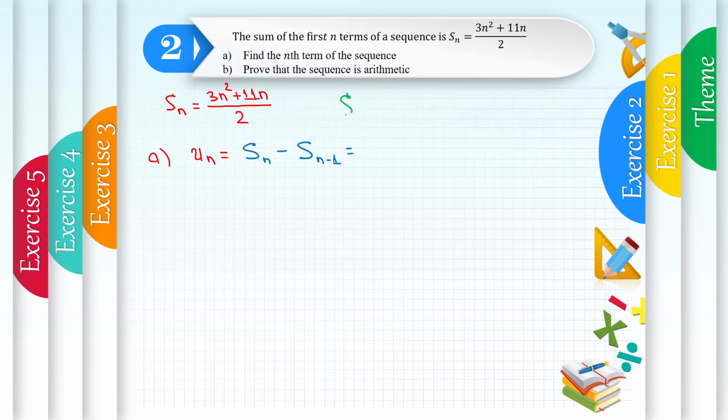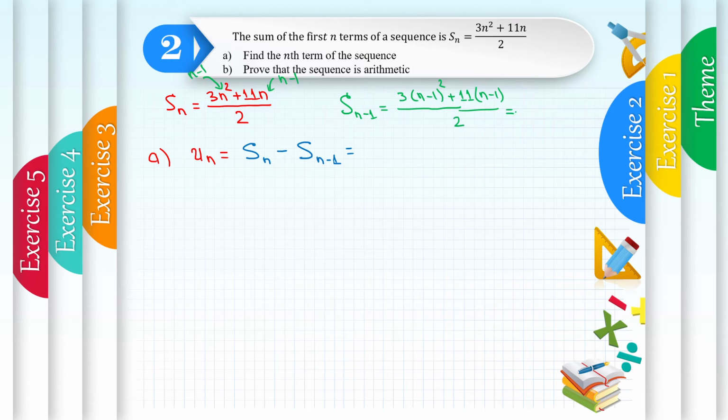So S sub n minus 1 will be equal to, so we have to replace in this formula n with n minus 1, and we will obtain 3 times (n minus 1) squared plus 11 times (n minus 1), divided by 2.